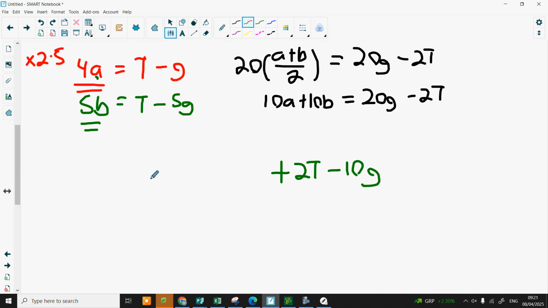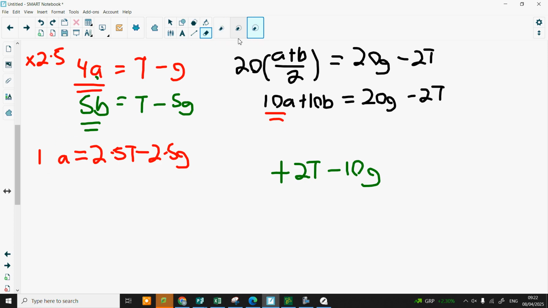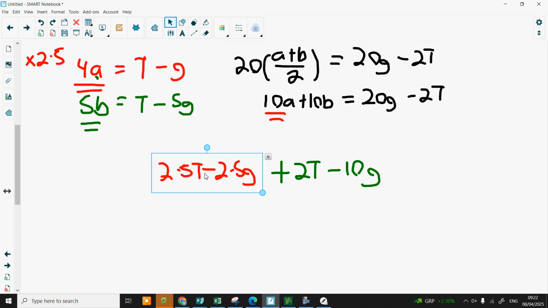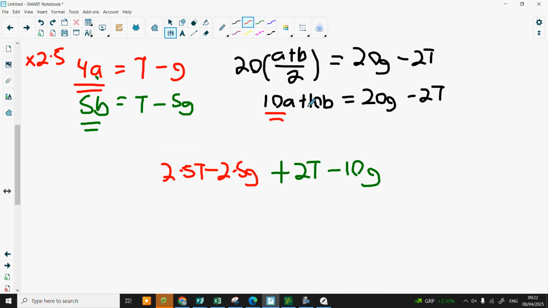What will they get? 10a equals 2.5T minus, yeah, I'm going to sub it in there, haven't I? Okay. All on board so far? See the way I always get rid of the a and the b? I go straight for the T every time. Yeah.